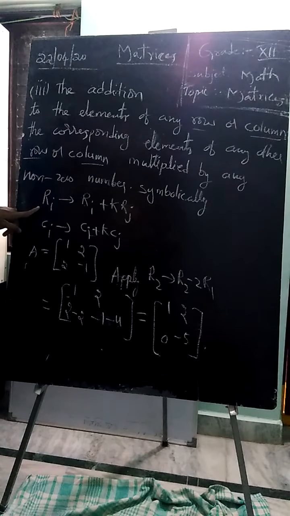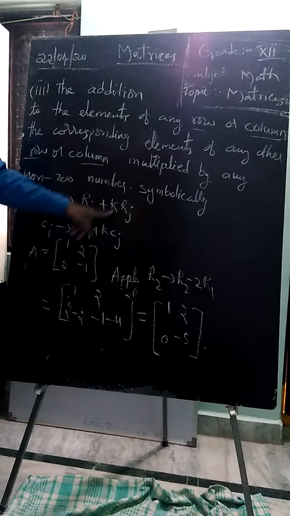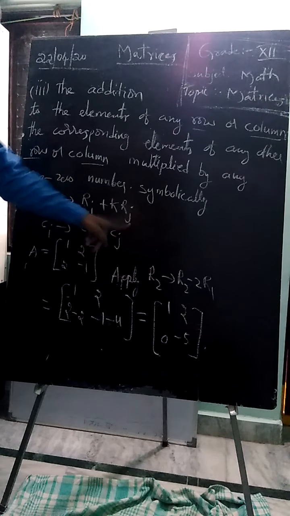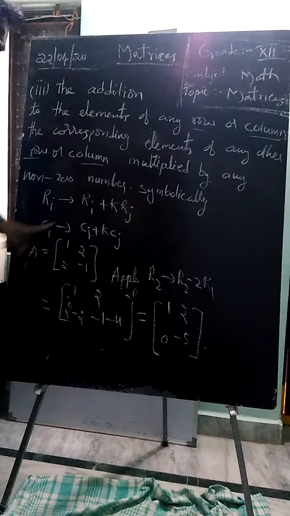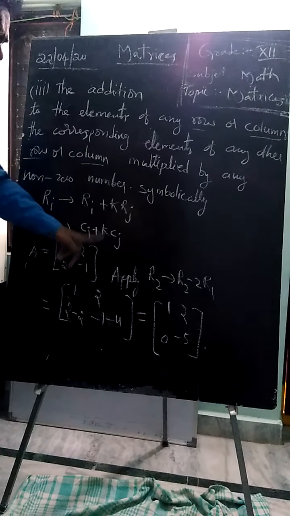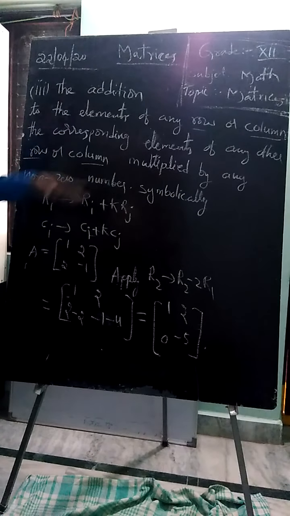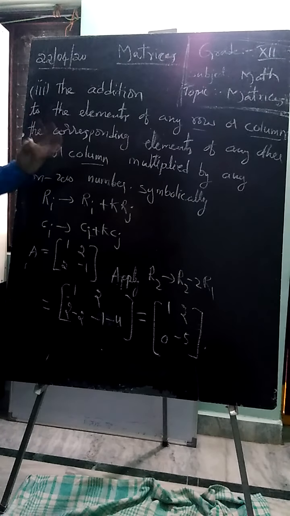Symbolically, the Ri row is changed as Ri plus k into Rj row, or else the Ci column is changed as Ci plus k into Cj column. i, j stand for first column, second column, third column, first row, second row, third row, like that.